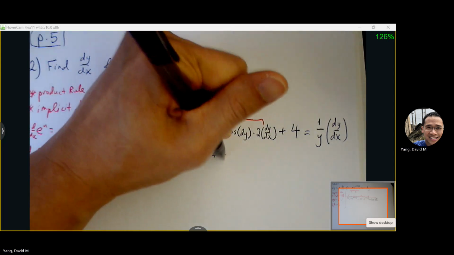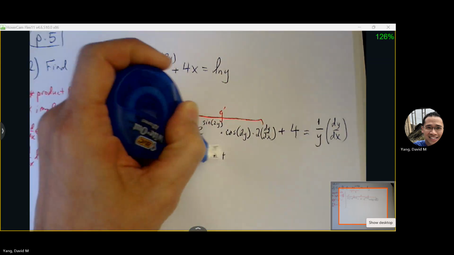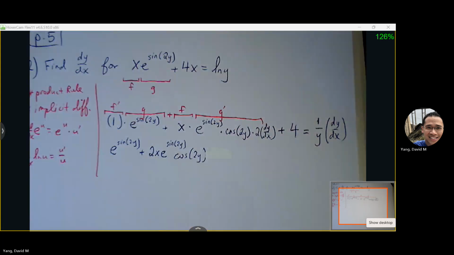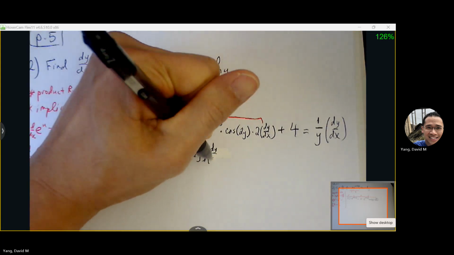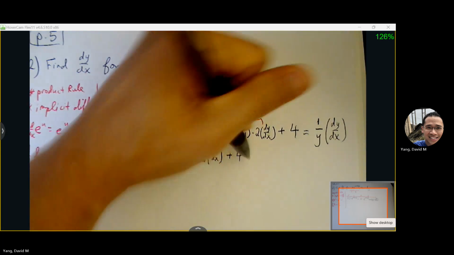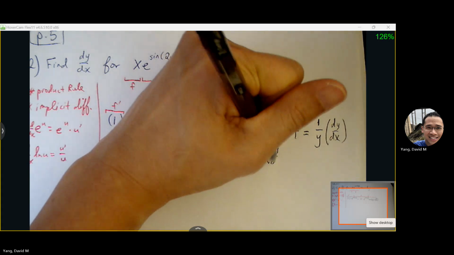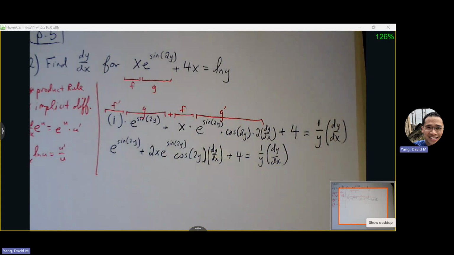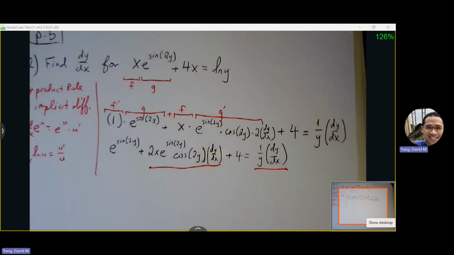Dy dx. All right, so I have two terms that I want to put together on the same side. So we move them together onto the same side.